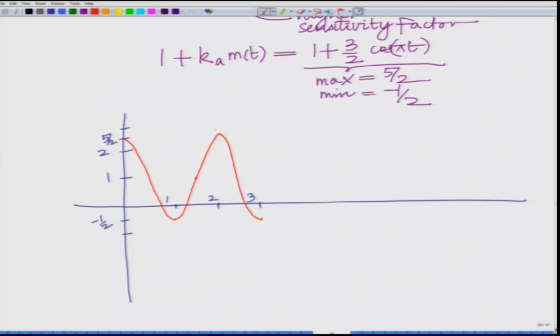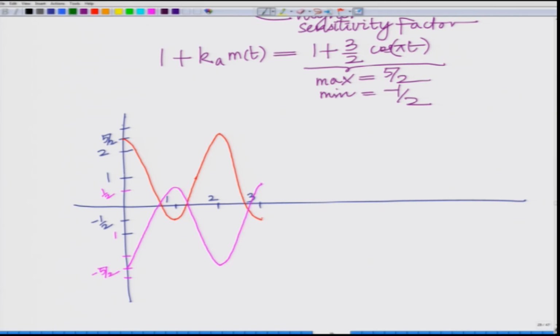Right, and of course, if I draw the mirror image of this, the mirror image will be between minus 5 by 2 and half. So, this will be 5 by 2, half. So, the mirror image will be something like this.